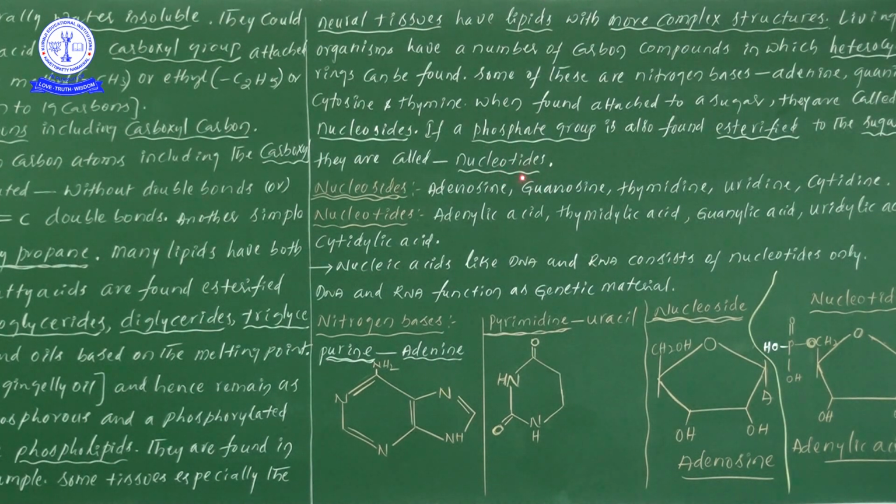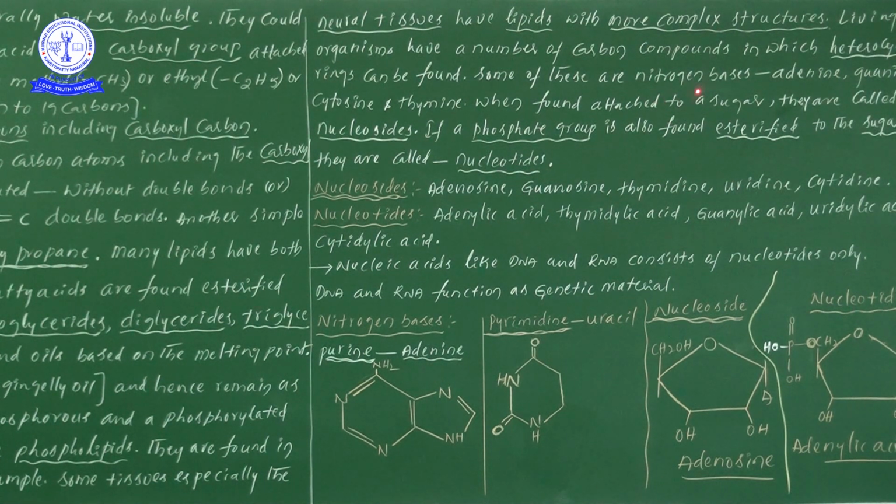The nucleotide is nothing but the combination of three different types of components. What are those? The phosphate group we are observing, along with the phosphate group the pentose sugar is there and nitrogen bases are there.